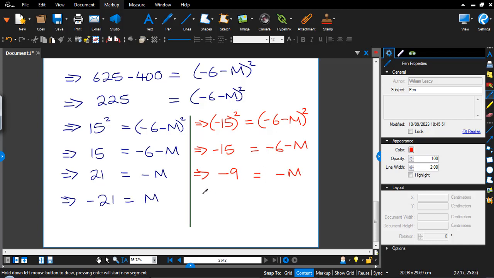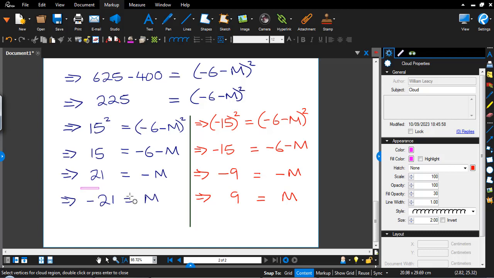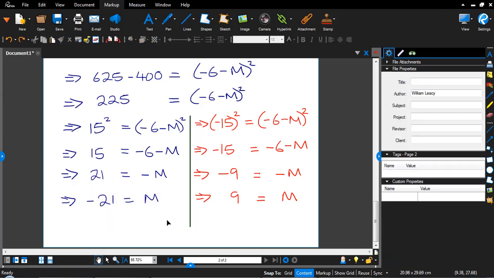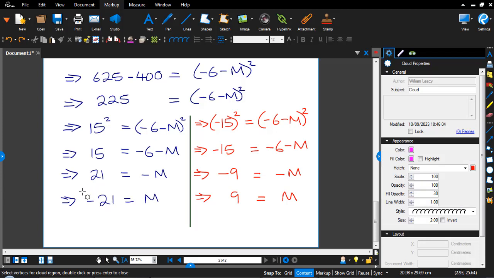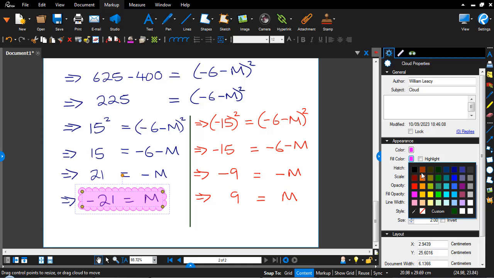Well, if -9 is -m, that implies 9 is equal to m. Alrighty, so that's that. It's a bit big, isn't it? I'll make it a different color, green.